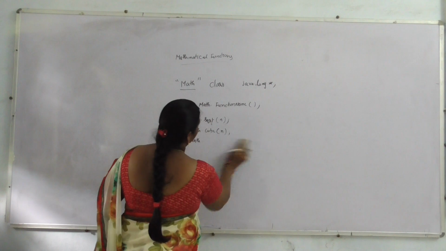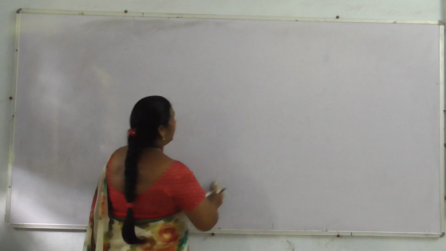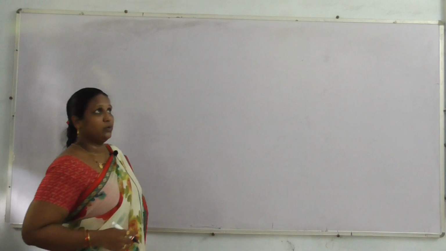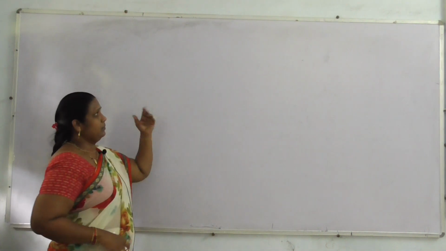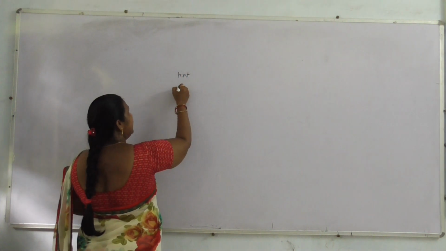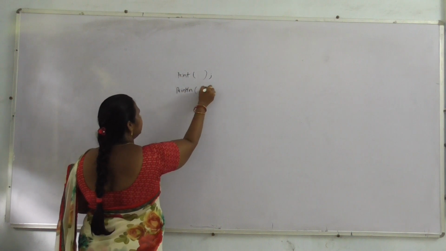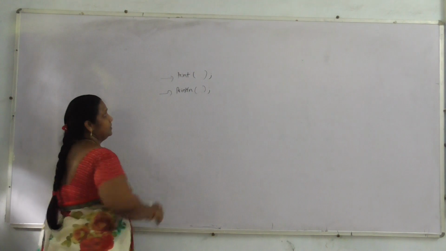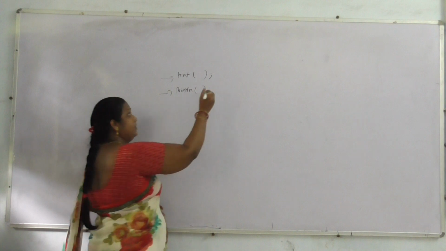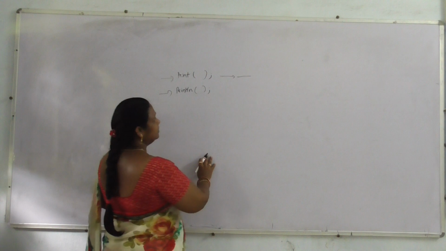Next one is control statements. Before going to control statements, we look at the print statement and println statement. Here the print statement prints the statement and the control waits at the present position.